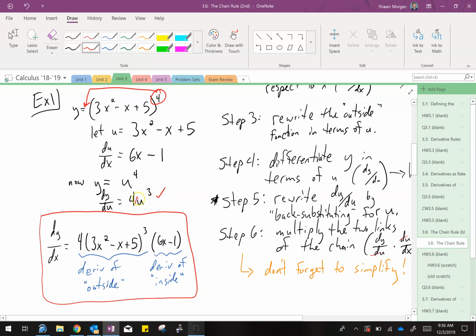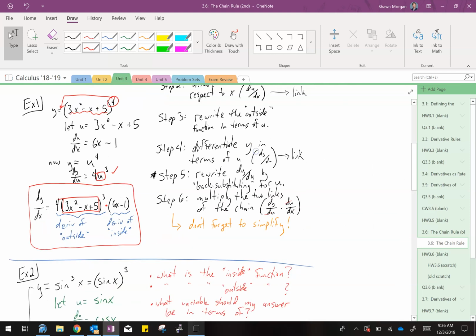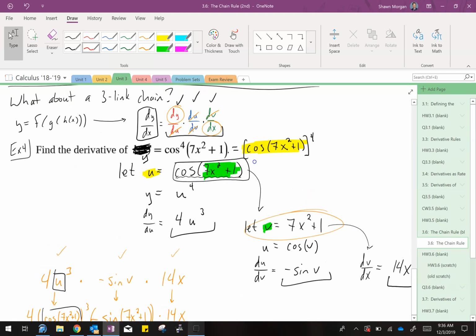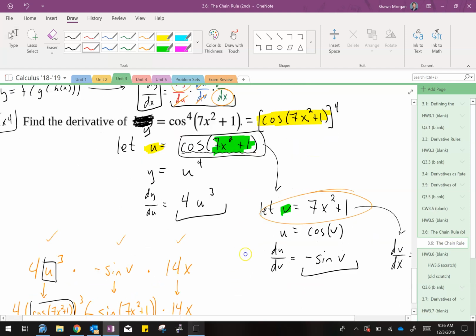And then we said we're going to evaluate in place of that u, instead of 4u cubed, it was 4 and then that expression cubed. That's that back substitution that Aaron was just asking about a moment ago too. And then we follow that up by multiplying it times the derivative of the inside function. With this new example for today, we're just doing that a couple of times over. We're doing it once in terms of u, and then again in terms of v.